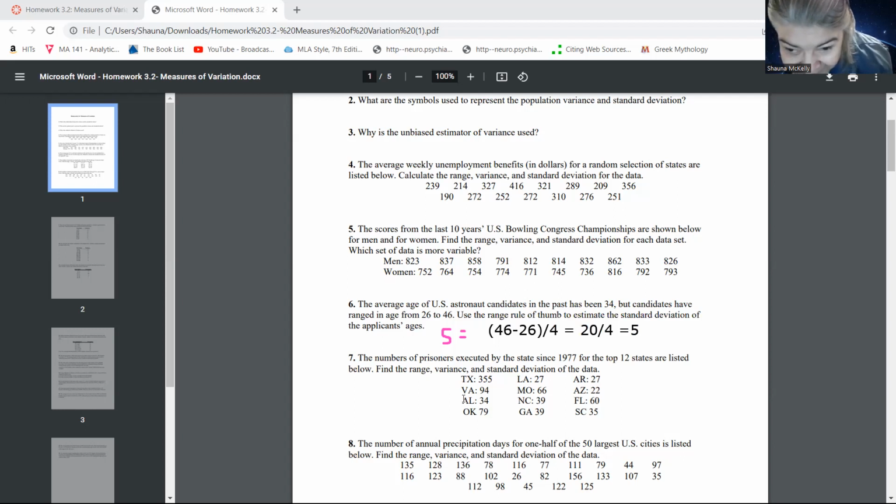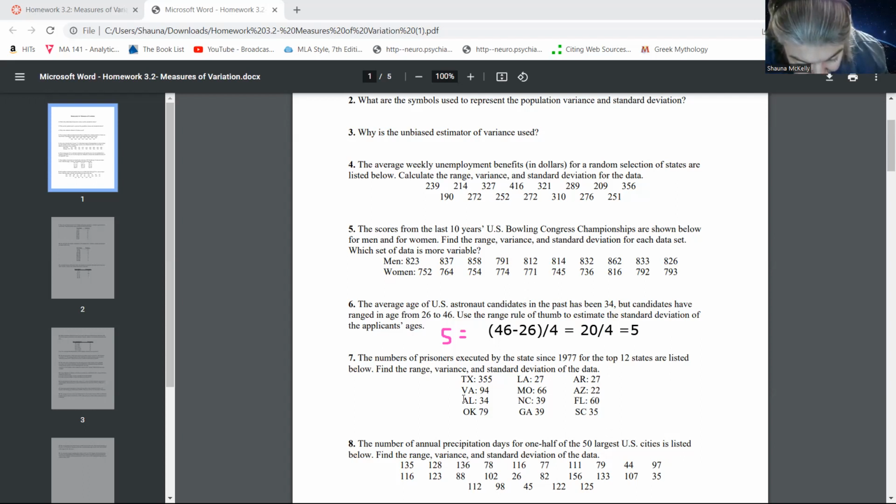So you want to find the range, the variance, and the standard deviation for your data. There's 12 of them here. This is exactly like number 4, except that it's fewer data. So if you need help with that, you can go back to the video on number 4, but make sure that you've got the version that you see on the screen.